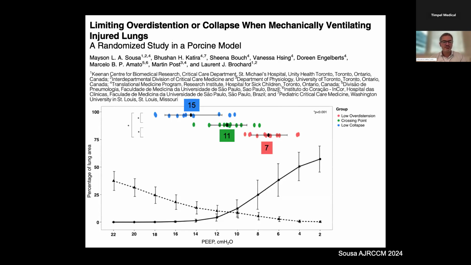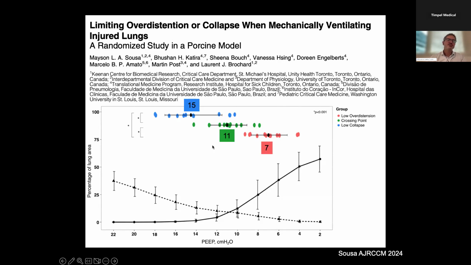So maybe the best choice is to have a good compromise between the two. And this was the first paper to try to assess whether having low collapse, low overdistension, or a good compromise between the two, which of these 3 conditions would be ideal.